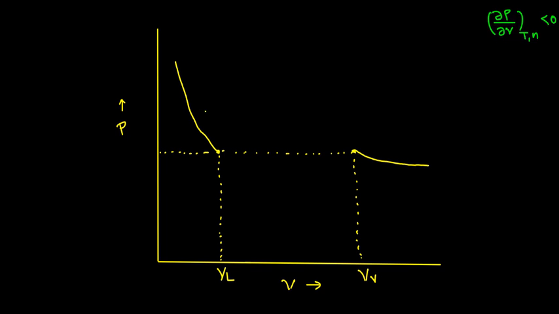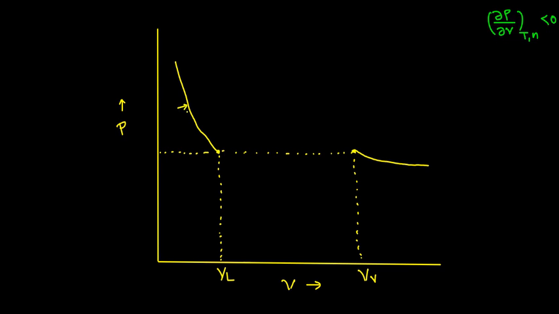If you have the system and you increase its pressure, the volume will decrease. Similarly, for a vapor or for a gas, an increase in the pressure will result in a decrease in volume, and the other way around. But let us see the slopes of these two. This slope is larger compared to the slope in the vapor phase.